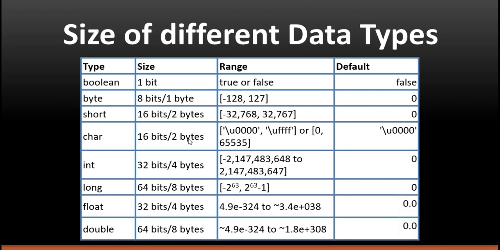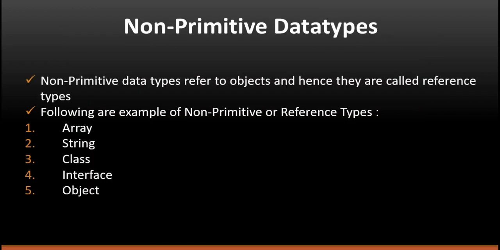I have given in bytes also, and these are the ranges. If you are unable to remember the range, you can apply the formula for calculating range. And in Java, if you are declaring any variable without assigning values to that variable, instead of storing junk or garbage value, it stores the default value. So this was all about primitive data types.